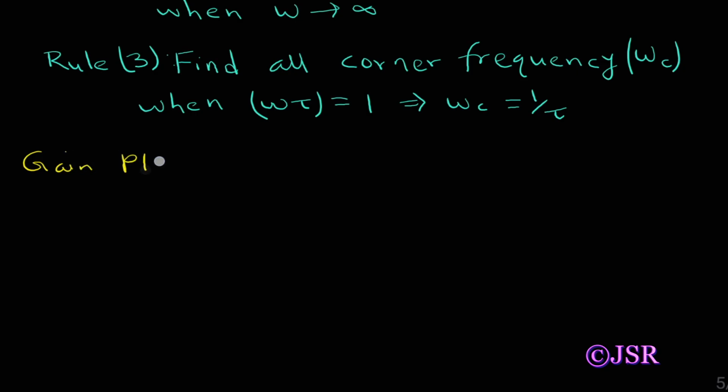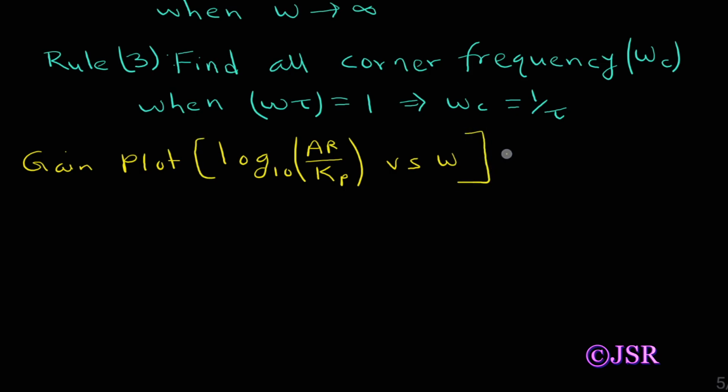Gain plot, and that is log 10 AR by Kp versus omega. So rule number 1, find out the low frequency asymptote.